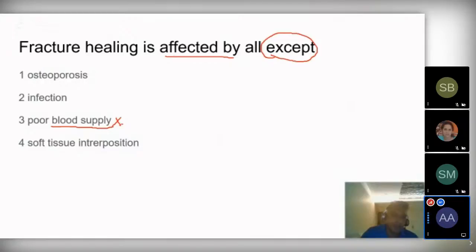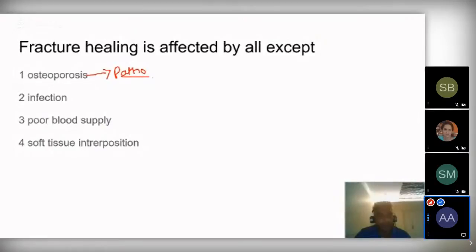There's soft tissue interposition. Now comes between infection and osteoporosis. Infection definitely delays the healing. Osteoporosis causes pathological fracture, but the healing is not abnormal. Please remember that.